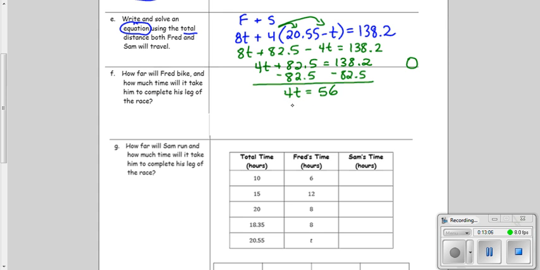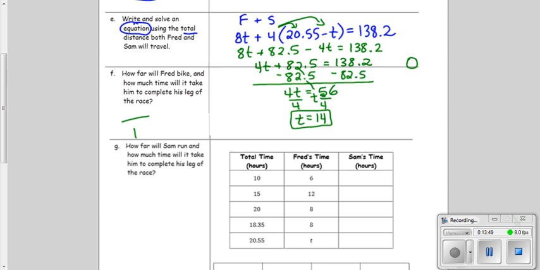Next on PEMDAS, working backwards, is to undo the multiplication with division. Divide by the coefficient of 4. An if-then statement says that you can divide both sides of the equation by 4 and it will remain equal. 4 divided by 4 is 1, 1t, and 56 divided by 4 is equal to 14. So t represents the time, and that time is actually Fred's time. Remember that t from the previous page stands for Fred's time.